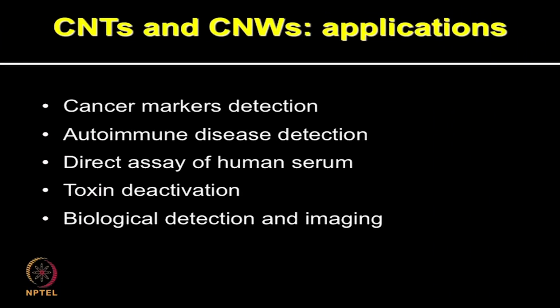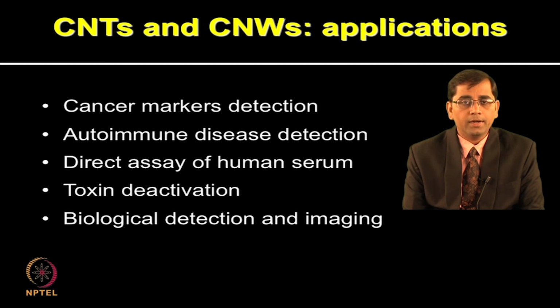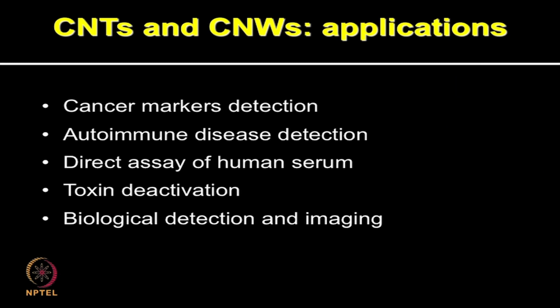So, various types of clinical studies have been performed using nanotubes and nanowires to test the potential of these nanotechniques for cancer biomarker detection or immune disease detection, direct assaying of human serum, deactivation of toxins and biological detection and imaging. This is a very small list of the unlimited applications which have been demonstrated by using carbon nanotubes and nanowires.